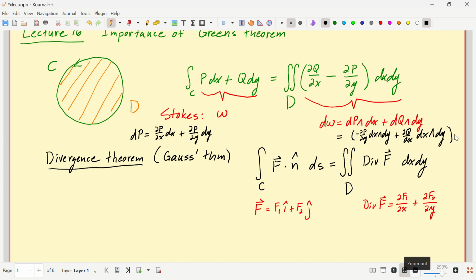Anyway, that's some fancy differential geometry that was invented to understand things like Green's theorem. Questions about that? That's just a cultural thing for you to see.